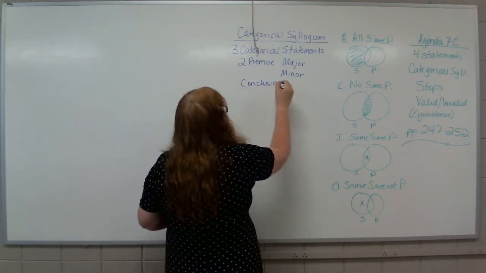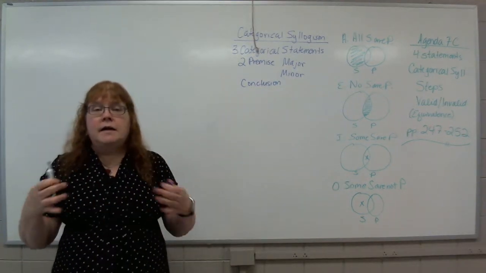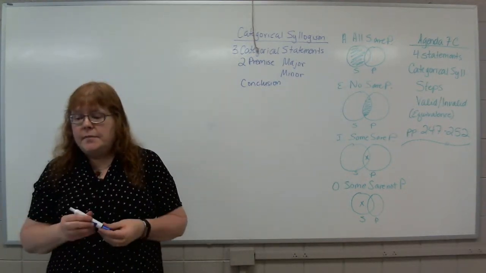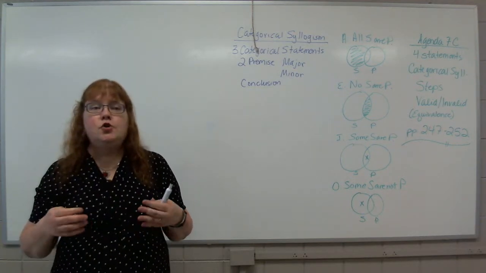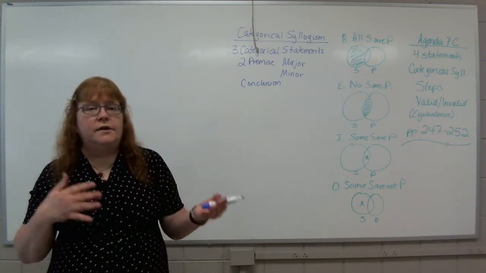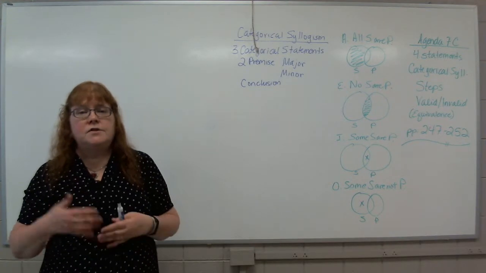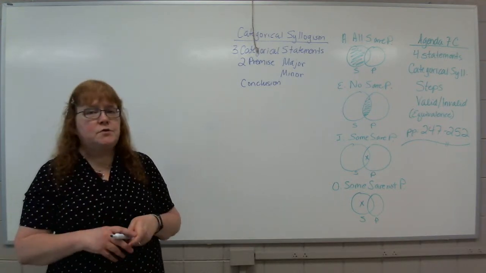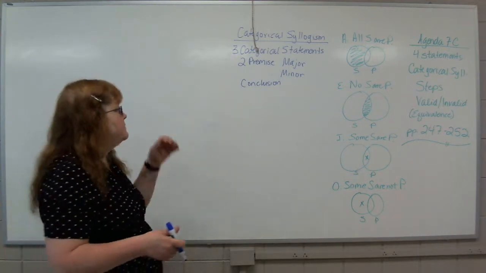Dr. Vaughn spends a couple pages explaining how the major, minor and middle work. I'm going to give you that vocabulary, but I'm not as worried about that as I am about how you're going to use this information to figure out whether a categorical syllogism is a valid or invalid argument, just like we do with truth tables. The whole point is to find out, does our argument work?